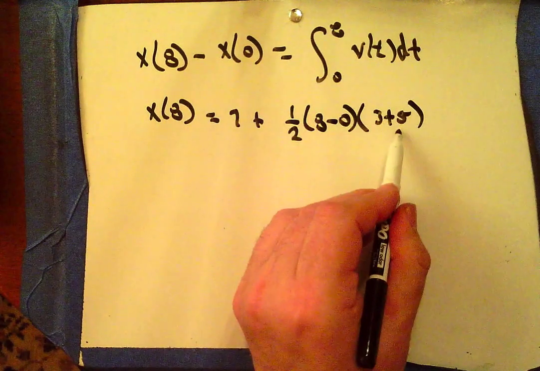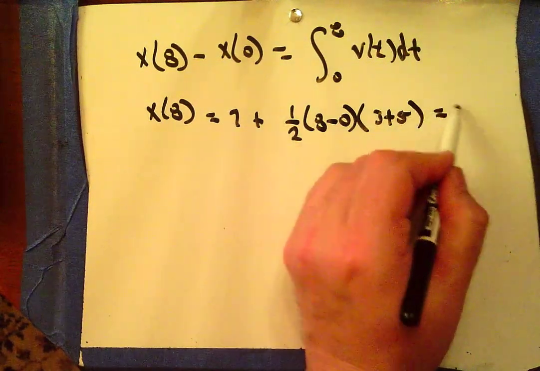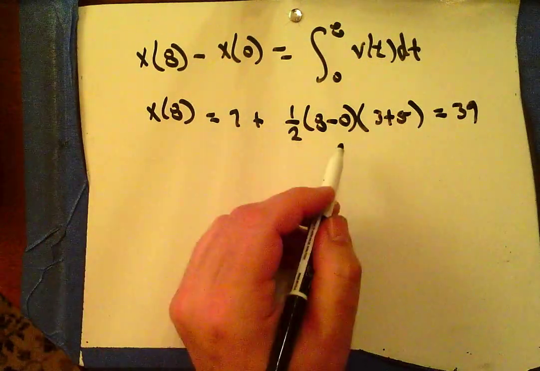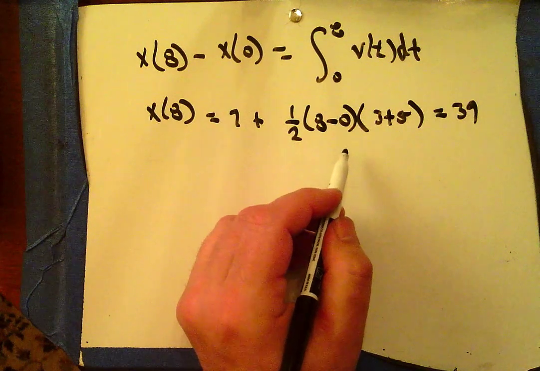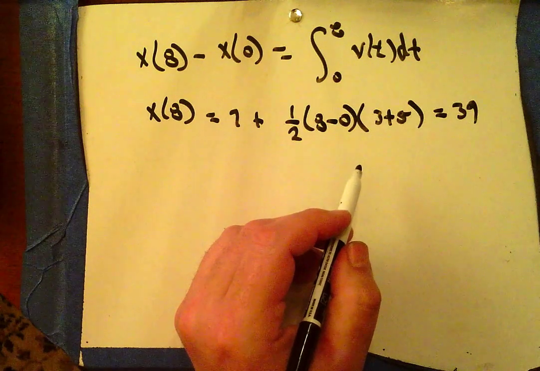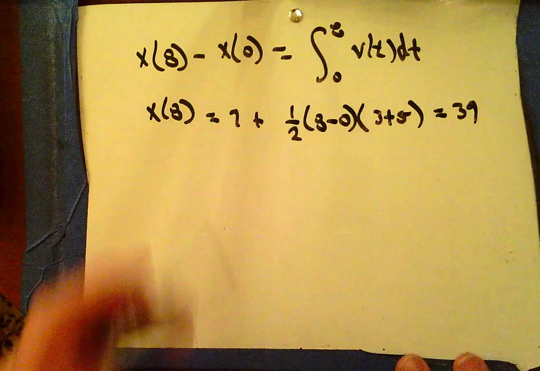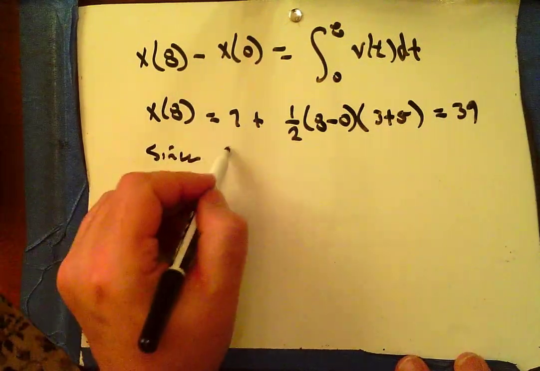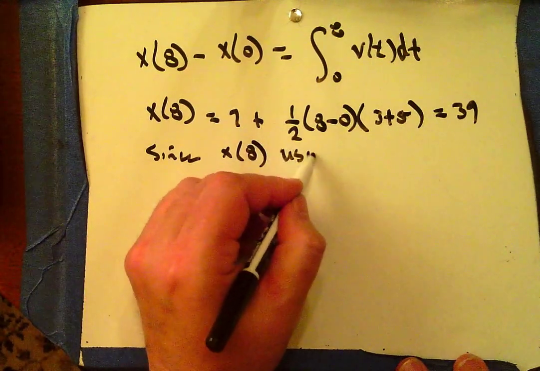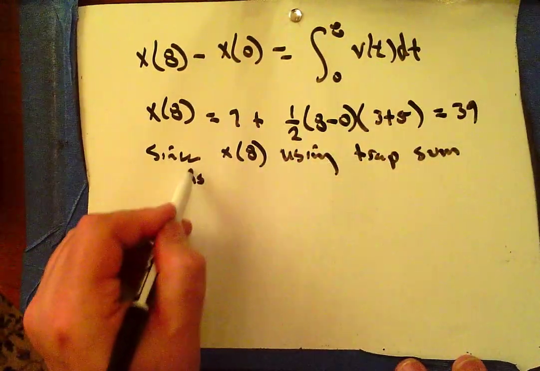And so I get 8 times 8 is 64, divided by 2 is 32, plus 7 is 39. And this is a trapezoid sum approximation, so x(8) using the trap sum is 39.